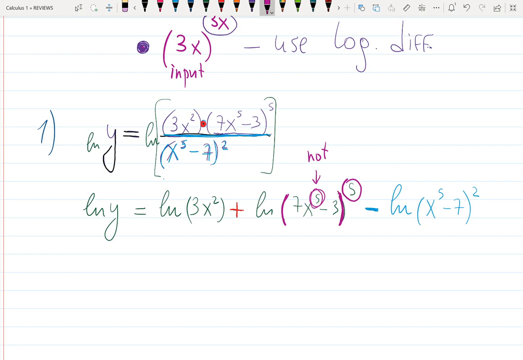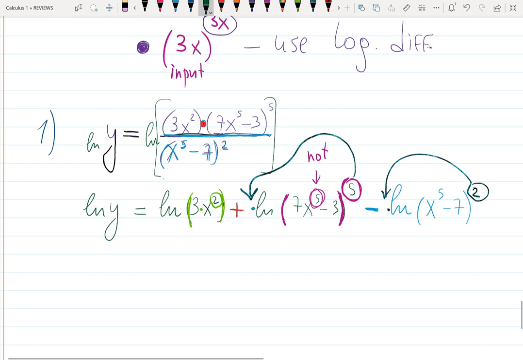Only an input raised to the exponent will work. So I will take this 5 and put it down, or multiply by it. Same here, this 2 can go down and multiply. Cannot do the same thing for this one, because it's not outside, it's inside.